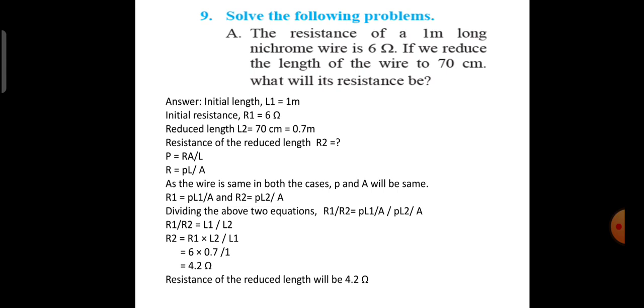We know that rho is equal to RA upon L. Therefore, R is equal to rho L upon A. Now let us calculate for the two cases. Substitute the values.